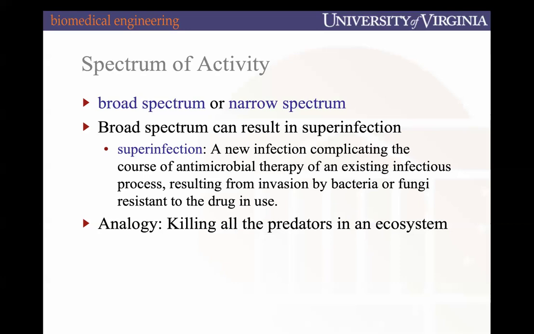Additionally, when you use a broad spectrum antibiotic that wipes out all of the bacteria, what you're doing is creating an environment that is suitable for resistant bacteria to take root and germinate and grow. An analogy that might be helpful is to think about how, if you wipe out all of the predators within an ecosystem, you're creating new problems.